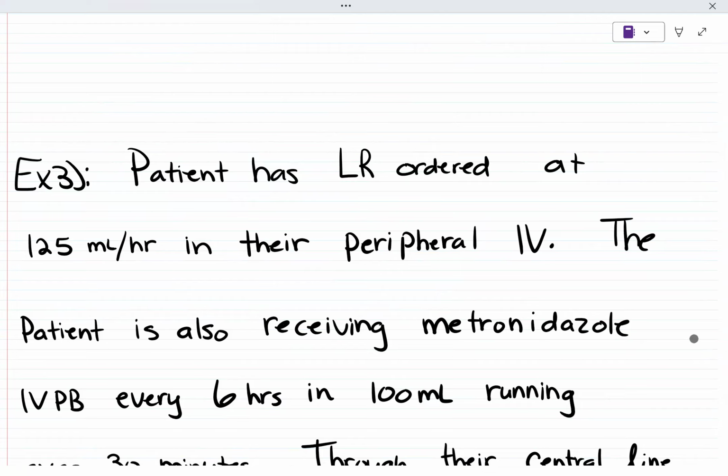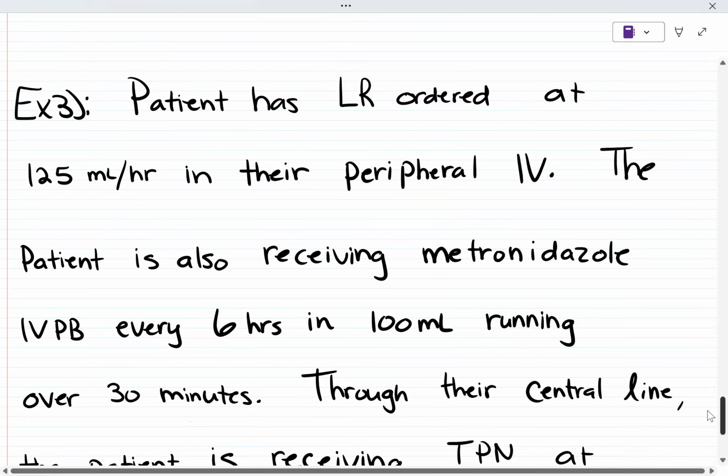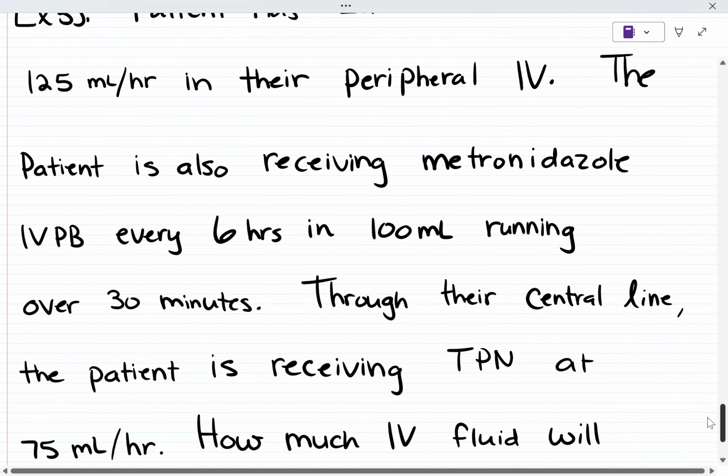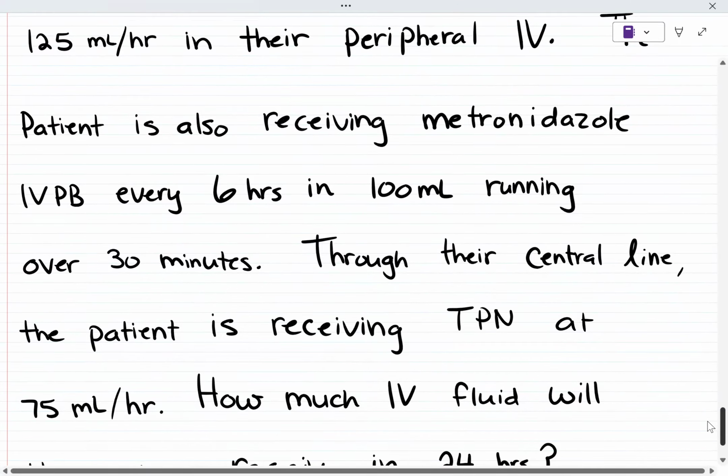The patient is also receiving the drug metronidazole IVPB every 6 hours. IVPB, I think that PB stands for piggyback, every 6 hours in 100 milliliters running over 30 minutes. Through their central line, the patient is receiving TPN at 75 milliliters.